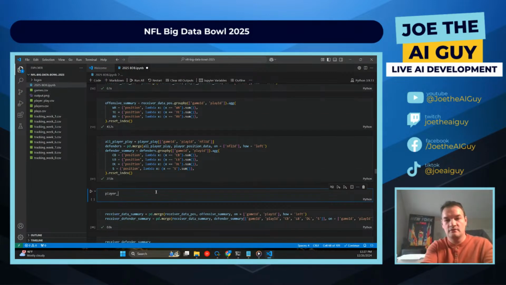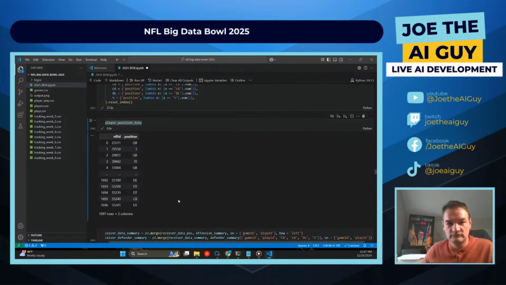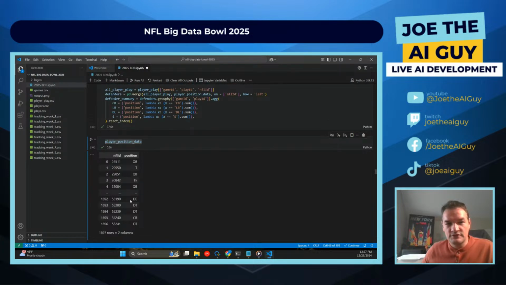Let's come back to here where we're going to look at the player position data. Okay, so there's no D line, it looks like.